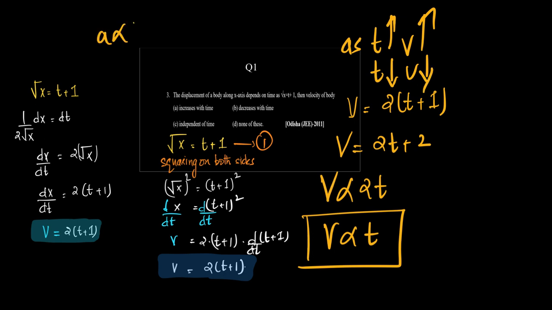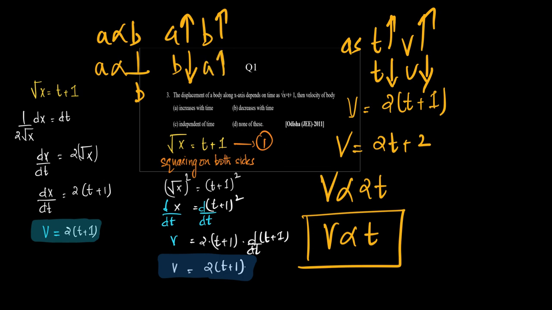So if A is proportional to B, it simply means that any increase in B is associated with an increase in A. And if A is inversely proportional to B, it means that any decrease in B results in an increase in A, and any increase in B results in a decrease in A. Keep this in mind.